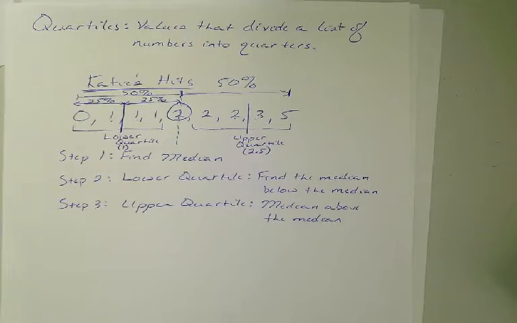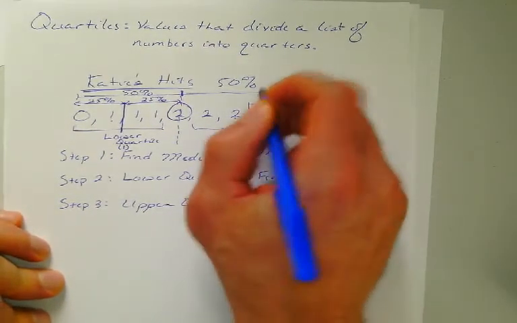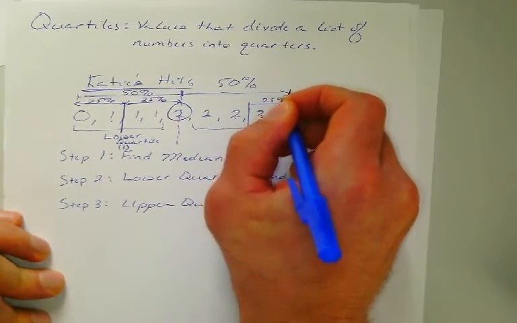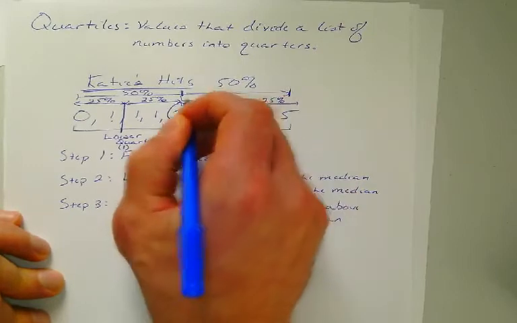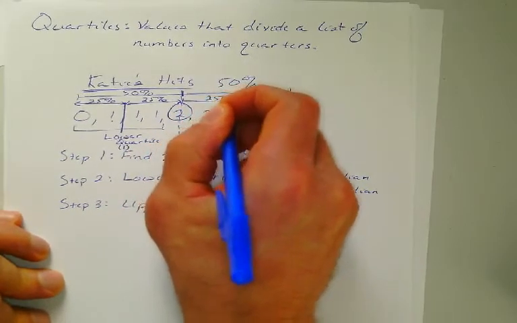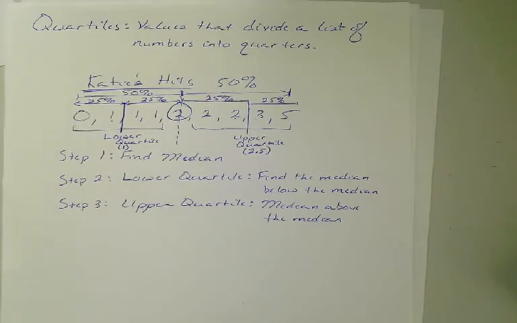I just broke it into 2 quarters. I've got this chunk that represents 25%, and this chunk that represents 25%. So we've effectively broken our data into 4 quarters.